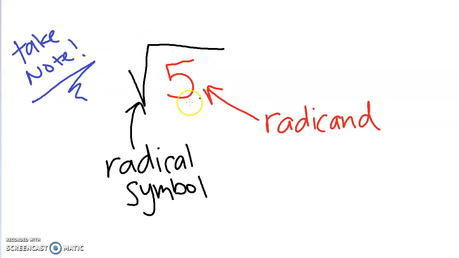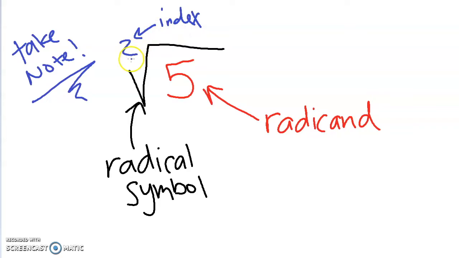The second part of a radical is the number on the inside of the radical symbol, and this is called the radicand. And the third part is the number that is actually hidden up here, and right now we're going to make this a 2. This number is called the index.